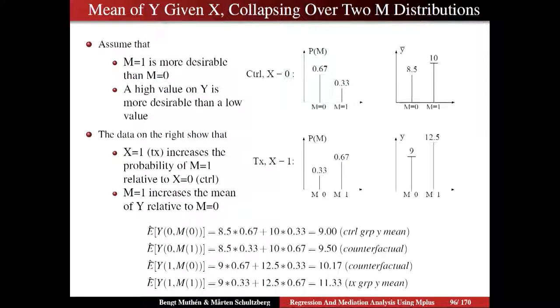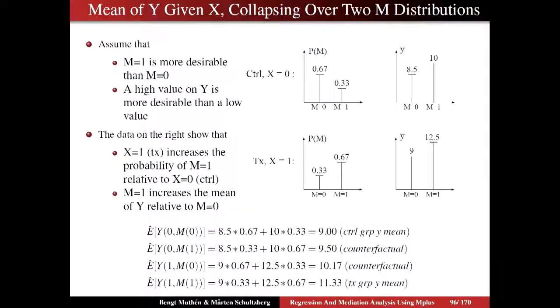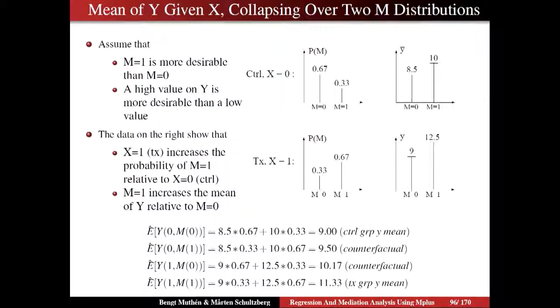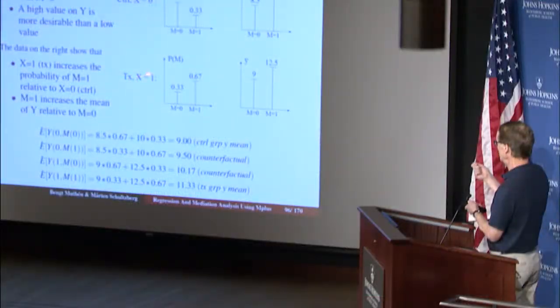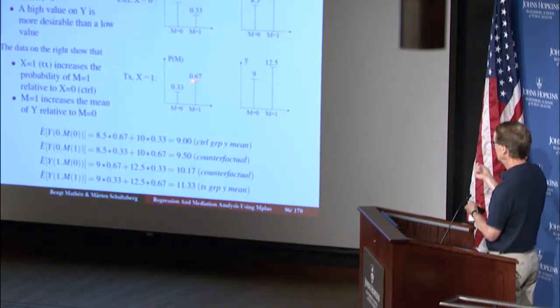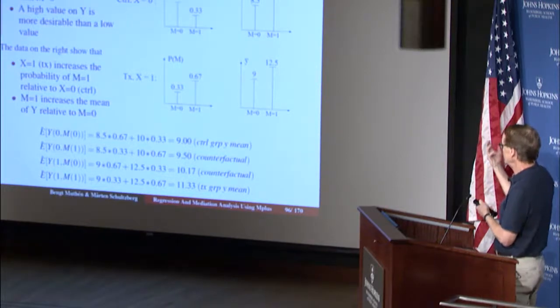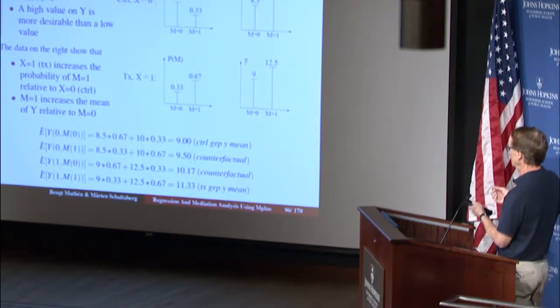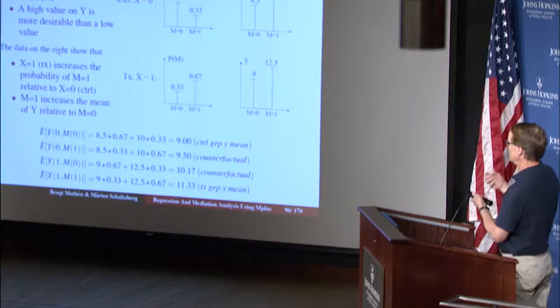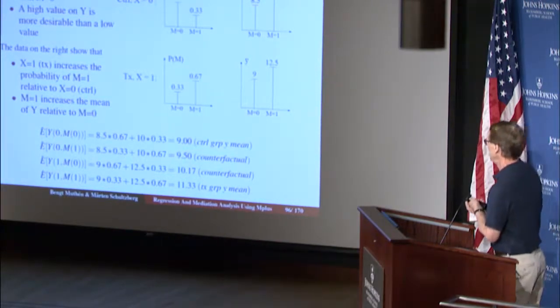The treatment group effect here is to shift the distribution to have more m equals 1 than m equals 0 as compared to this distribution. So the treatment moves m to be more likely to be 1 than it was for control. All right? So m equals 1 is more desirable, and we influence m being 1 by x being 1.